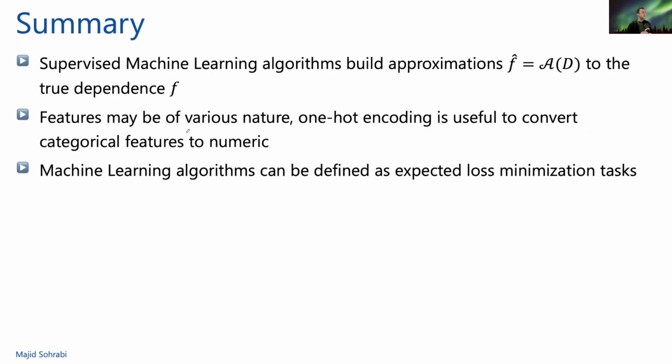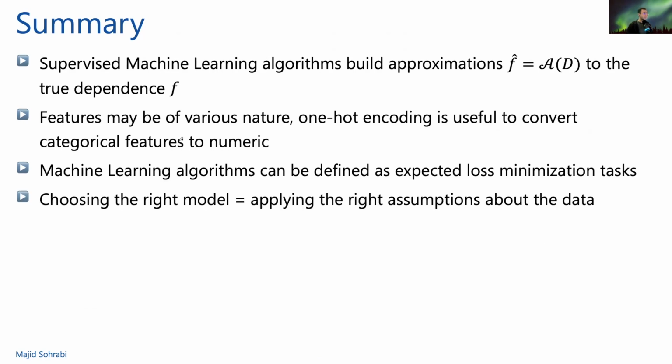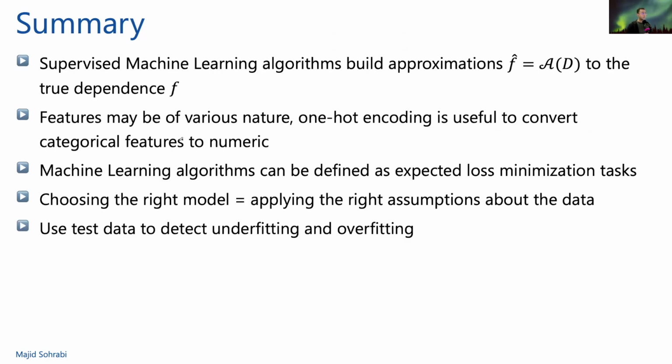Generally, machine learning tries to solve an optimization task by minimizing the loss function. Choosing the right model is equivalent to applying the right assumption about the data. And we also use the test data to define if our model is overfitted or underfitted, and in general to understand how well our model works in a general form.